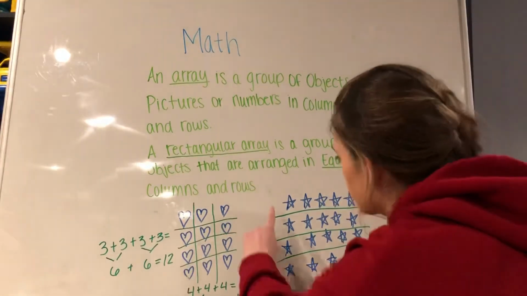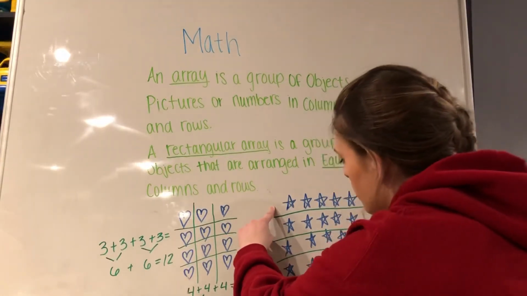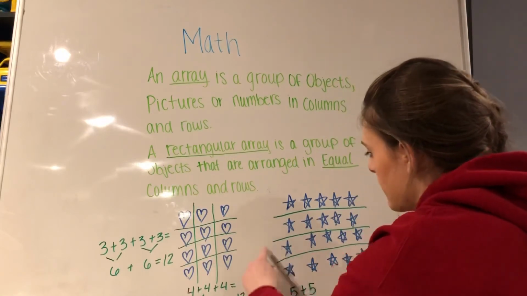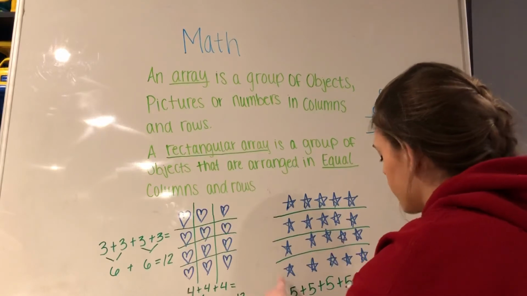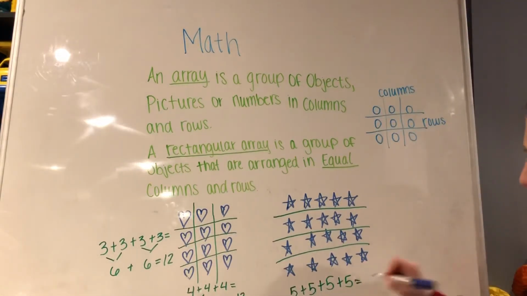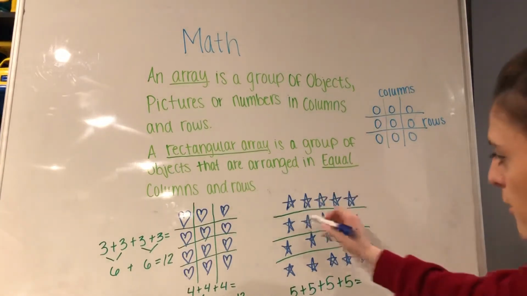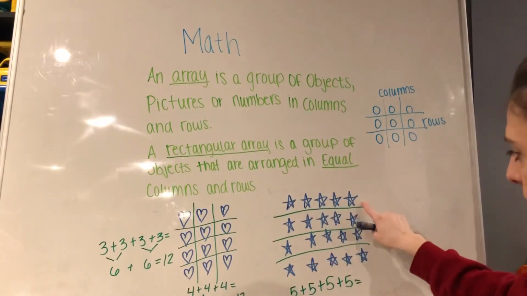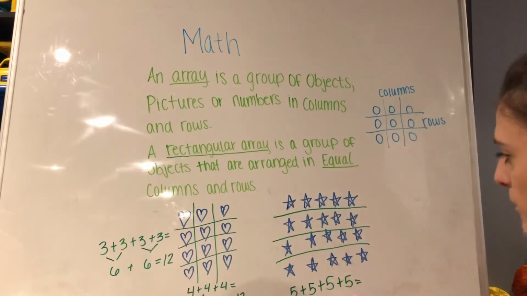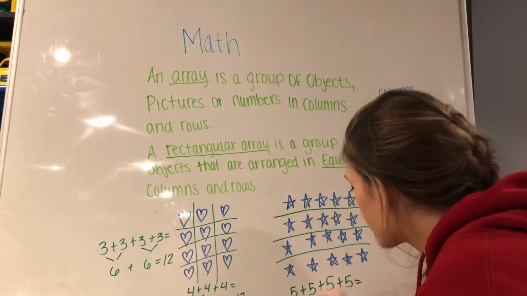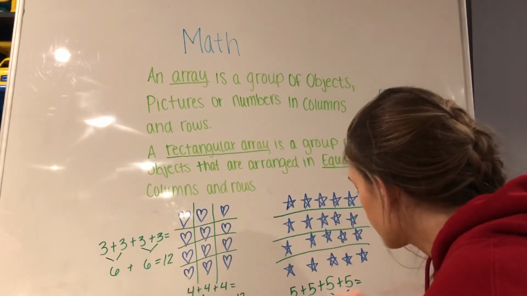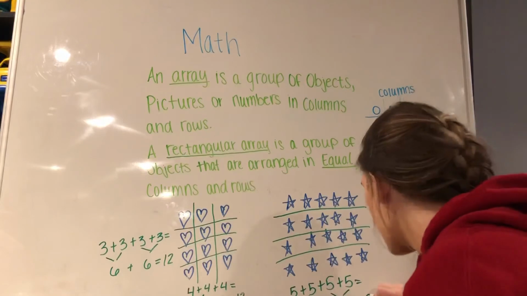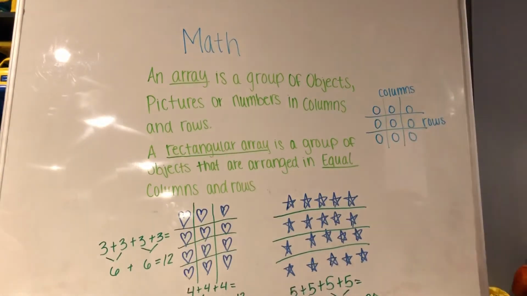So we're going to have 5 plus 5 plus 5 plus 5 equals. So in our rows or our groups, we have 5 stars in each row. 5 plus 5 is 10. 5 plus 5 is 10. And we know 10 plus 10 is 20.